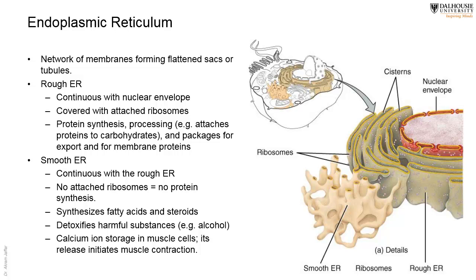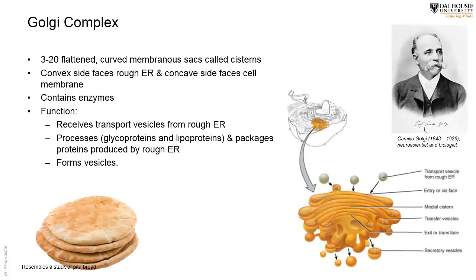It is a site for the storage of calcium ions. Remember, these calcium ions are very important for the function of some cells, including the contraction of skeletal muscle, for example. So the calcium will be stored in the smooth endoplasmic reticulum, and the smooth endoplasmic reticulum of the skeletal muscle has a special name, which is called the sarcoplasmic reticulum.